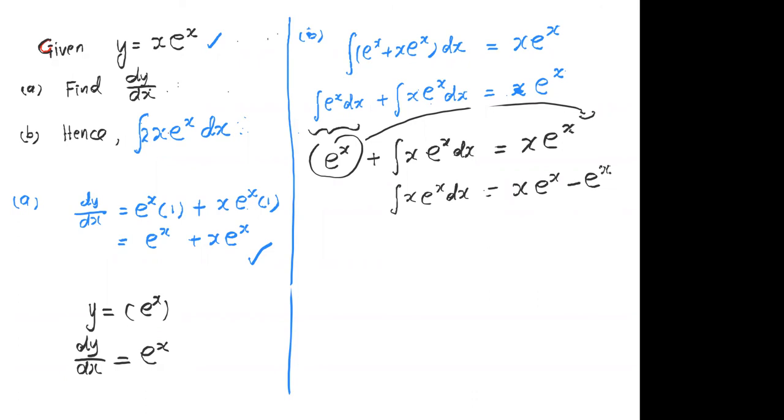So now only I go back to the question. If I have a number multiplied by an expression, I can say that this is 2 times the integral of this. Are you clear?